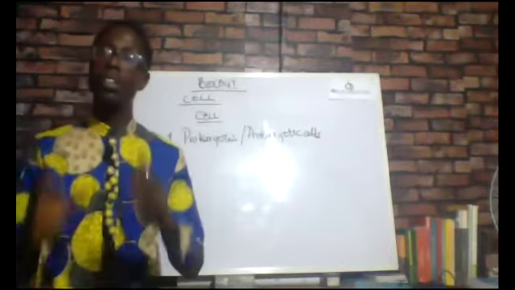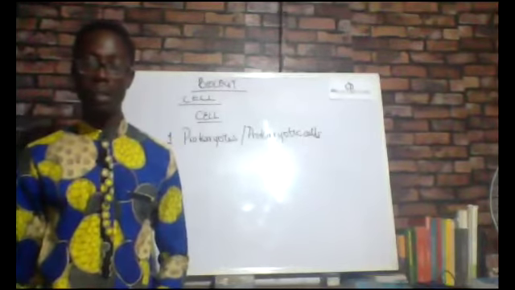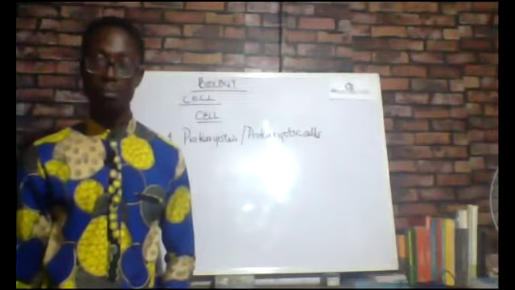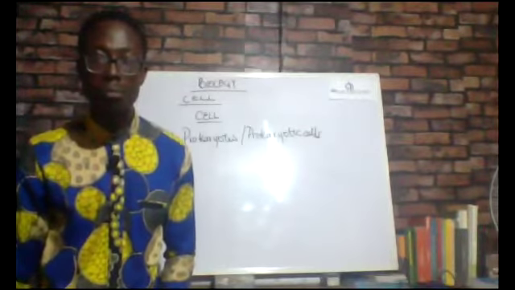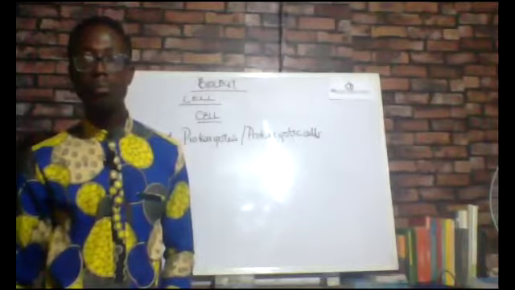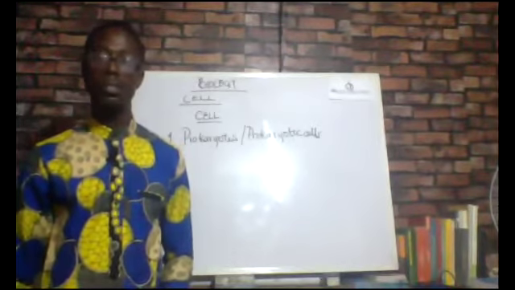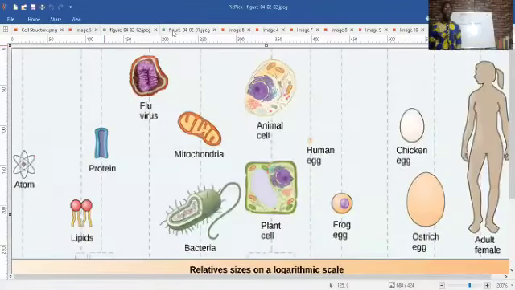I'm going to show you the structure of prokaryotes right now, so let's pay attention. Sure you can see this picture here. The particular one I need to share with you is this.